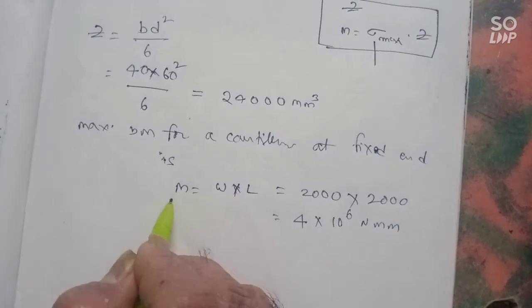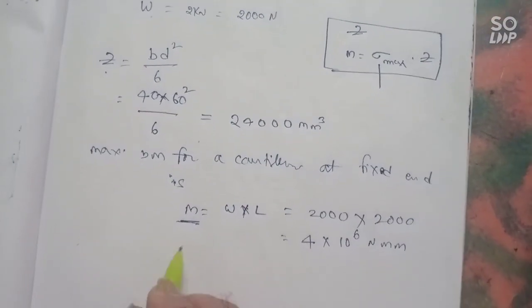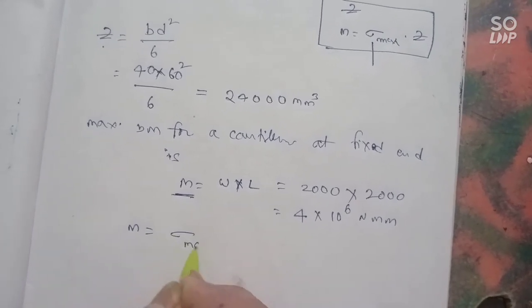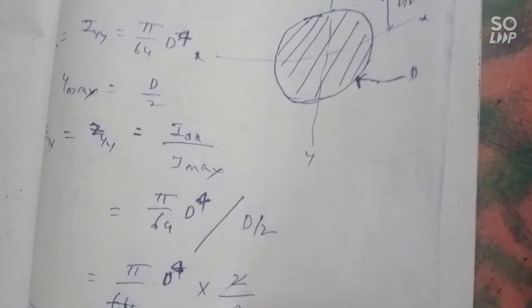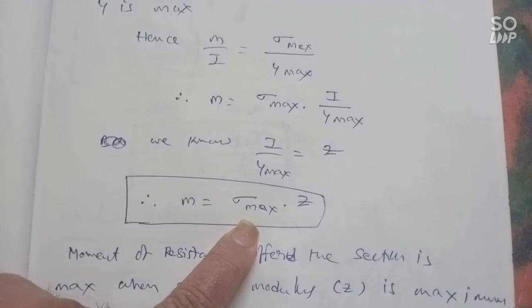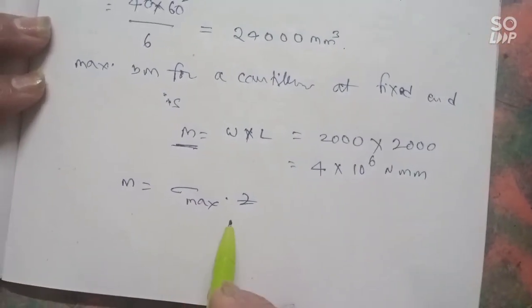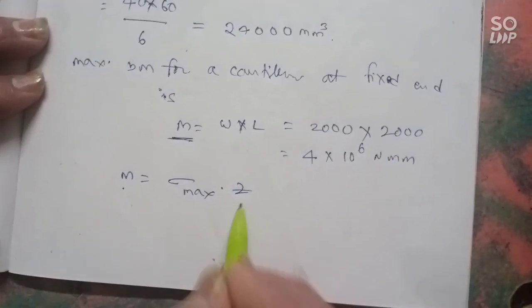Now we know the maximum bending moment and also Z. Using the formula M equal to sigma maximum into Z, which was derived in section modulus, we know the M value and also the Z value.